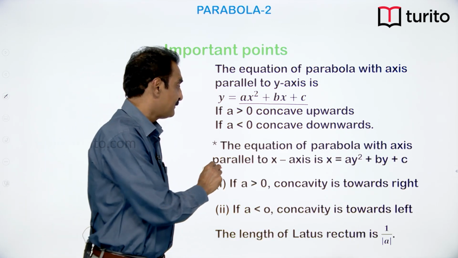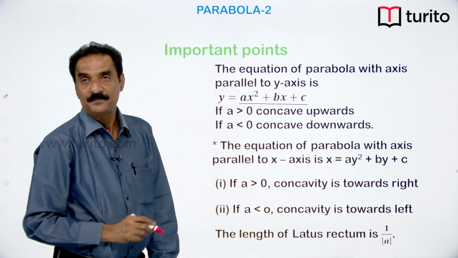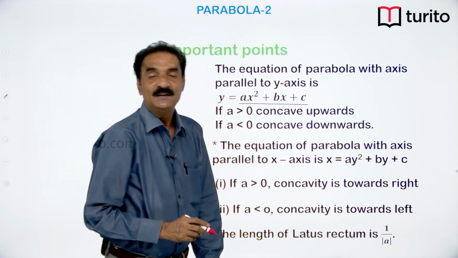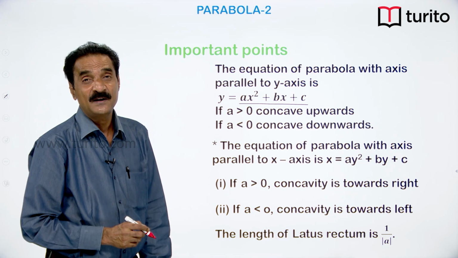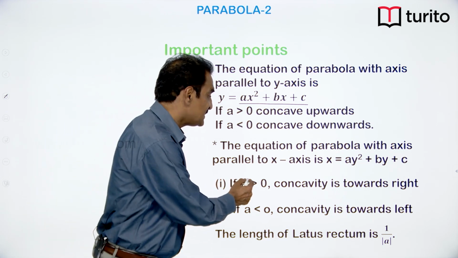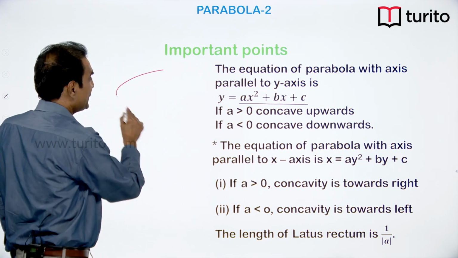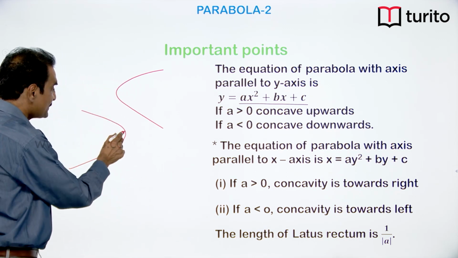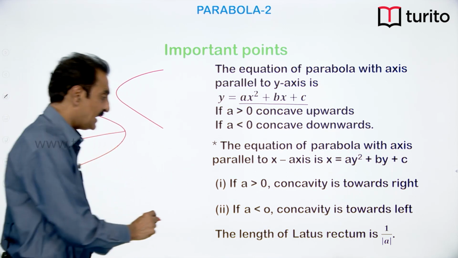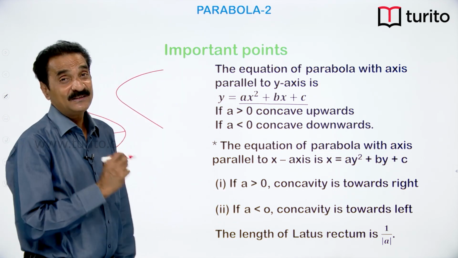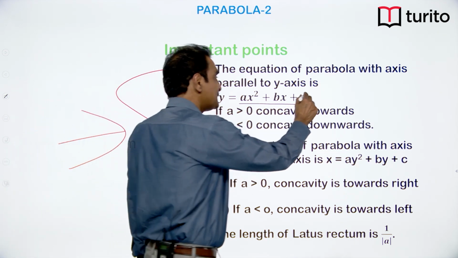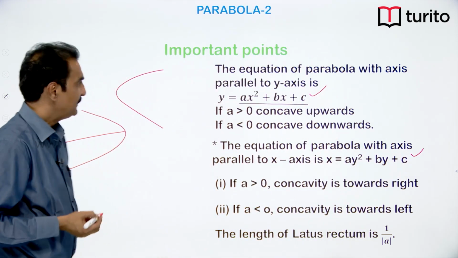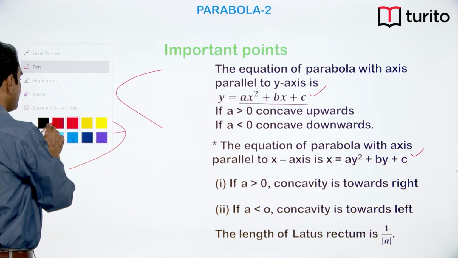Next point, the equation of the parabola whose axis is parallel to x axis is x is equal to ay square plus by plus c. If a is positive, concavity is towards right. If a is negative, concavity is towards left. And you can also remember that length of the latus rectum of this parabola or this parabola is 1 by mod a. You can easily derive it.